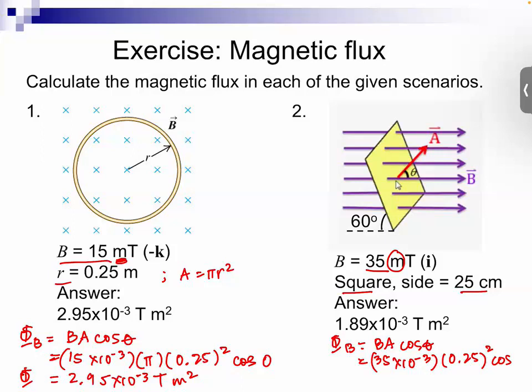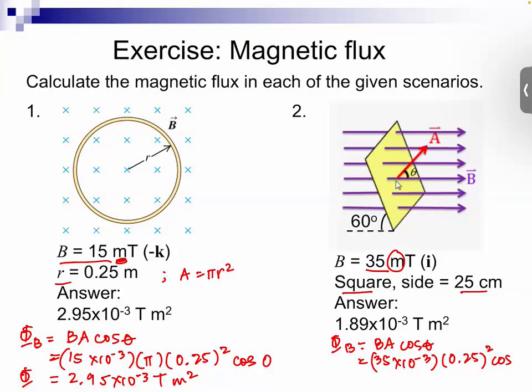And the angle, right? The angle is not 60 degrees, because 60 degrees is the angle between the surface and the horizontal axis.